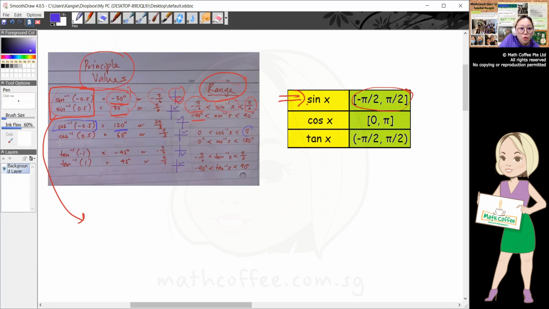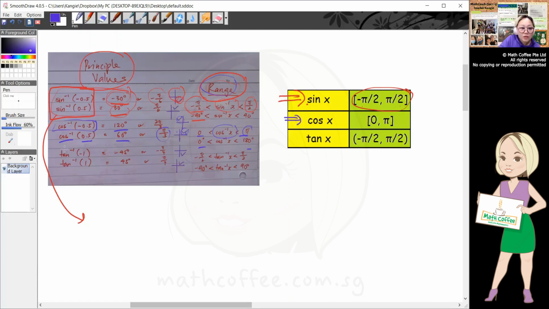Then cosine inverse of a positive value gives you 60 degree, so the principal value is 60 degree, or pi over 3. So the range for cosine inverse x is from 0, first quadrant, to second quadrant. That's from 0 to pi.